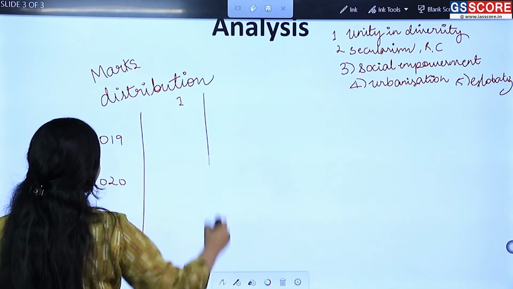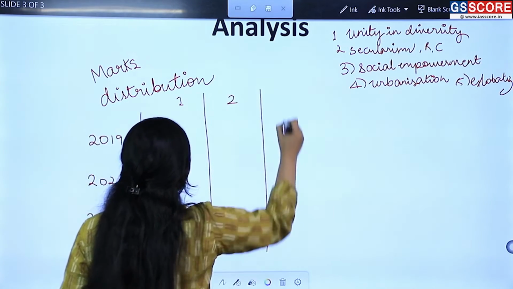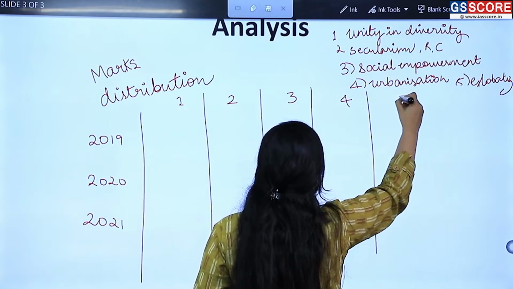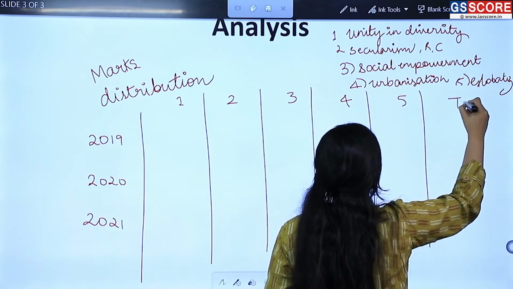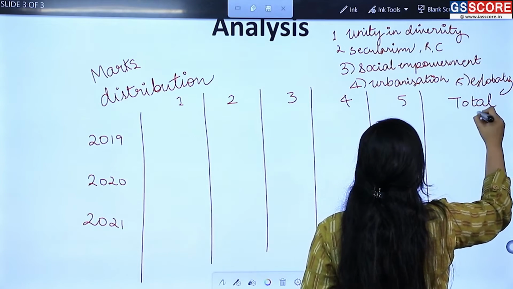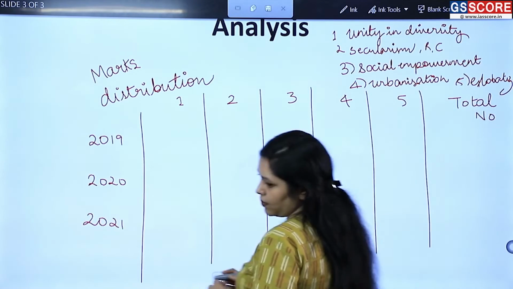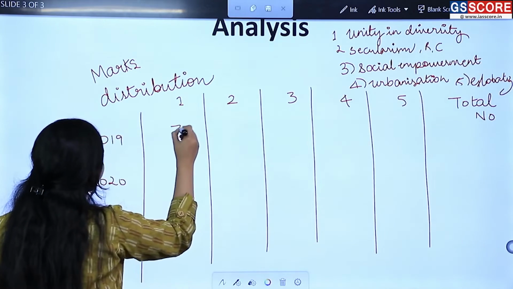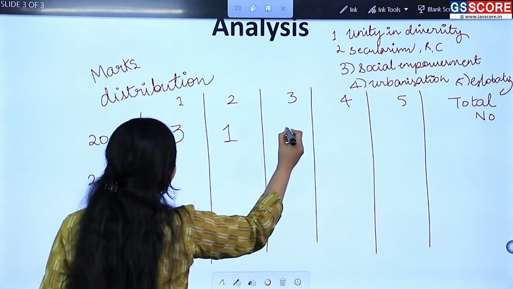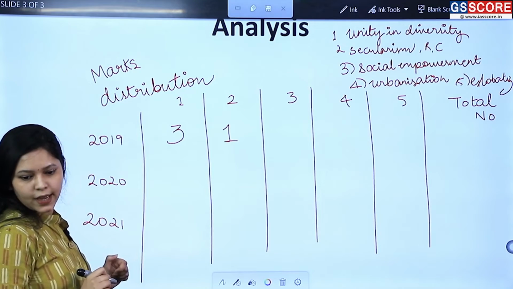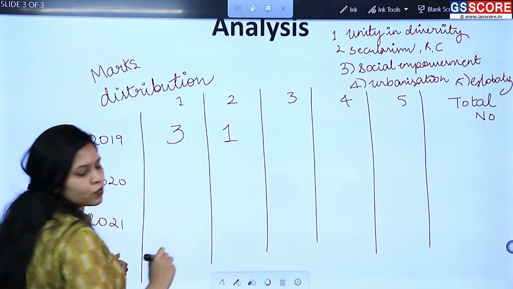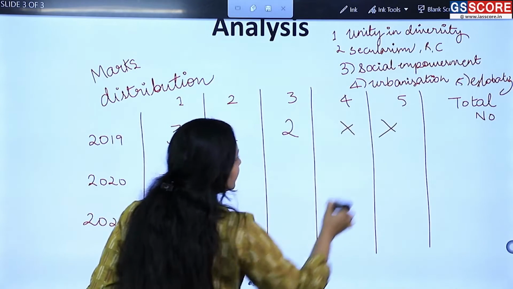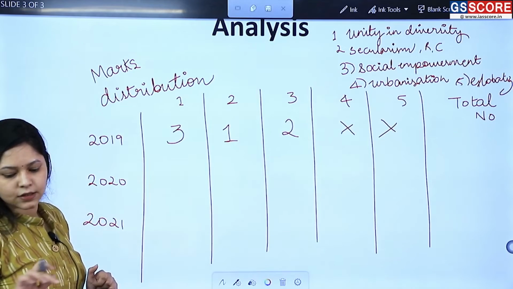Unit 1, Unit 2, Unit 3, Unit 4 and Unit 5, and total number of questions. In 2019, we have 3 questions from Unit 1, 1 question and 2 questions from Unit 3, no questions from 4 and 5. If that is right, yes.